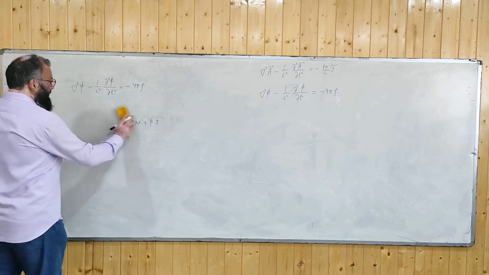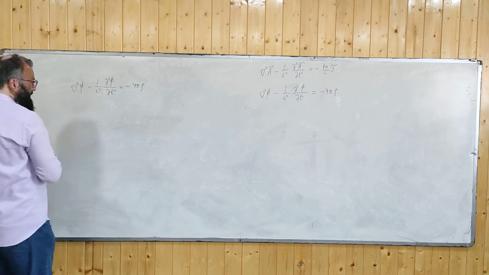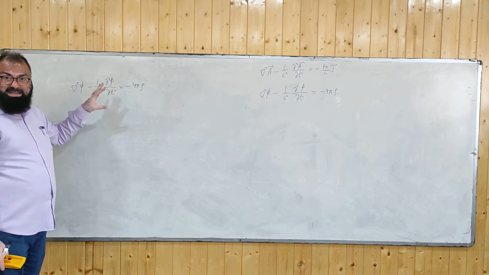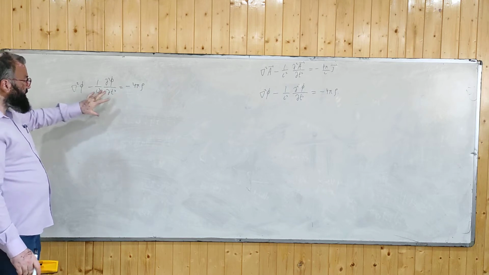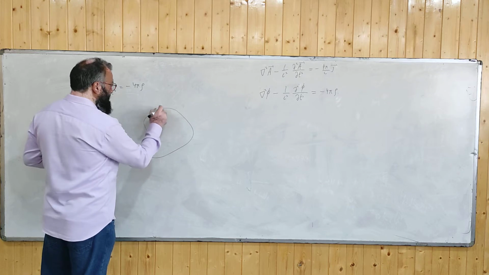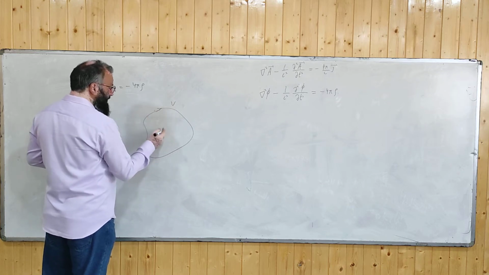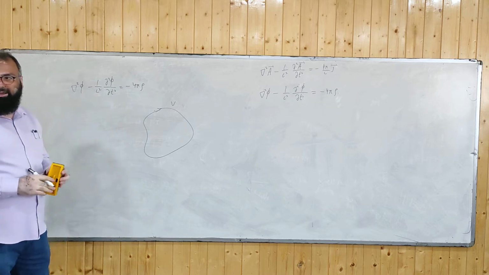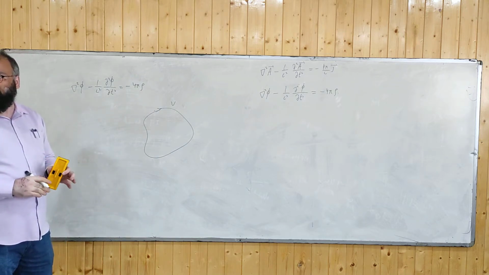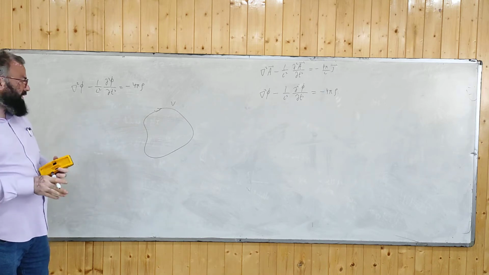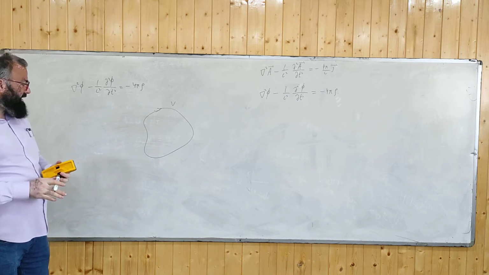Now it's a time dependent problem, you should understand that. Let's say you have some volume V here, and in this volume a charge density is defined. So there is actually motion, or dynamics, involved in this case.